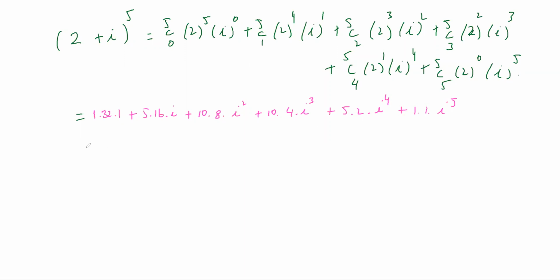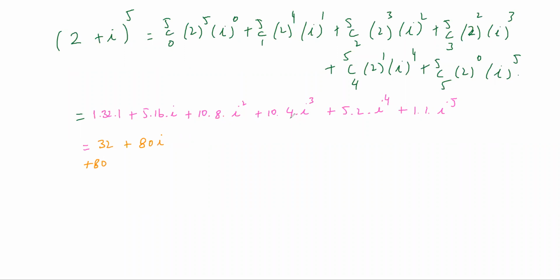Okay? Now, finally, this is going to be 32, this is 80 iota, 80 iota square. What is iota square? Oh, sorry. Iota square is minus 1. I had to write minus here instead. So 10 into 8 into iota square is simply minus 80.